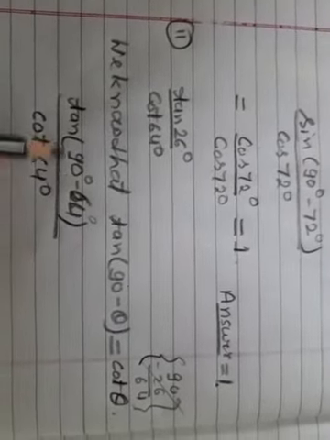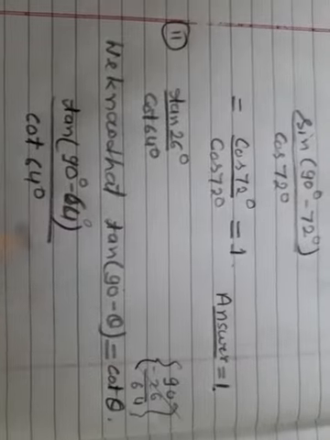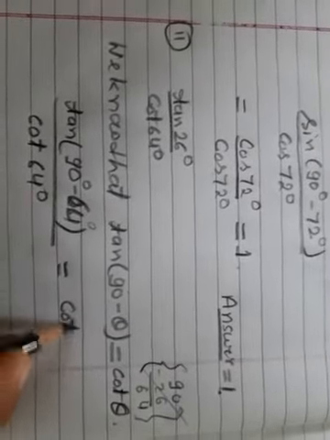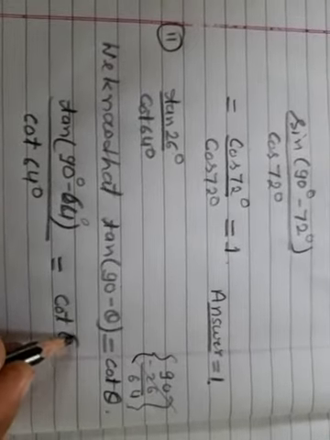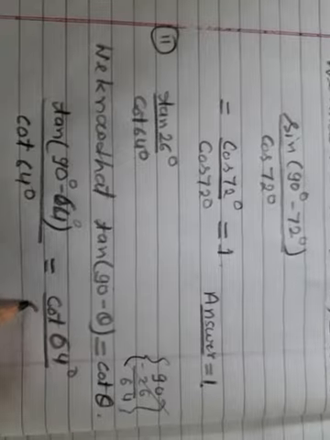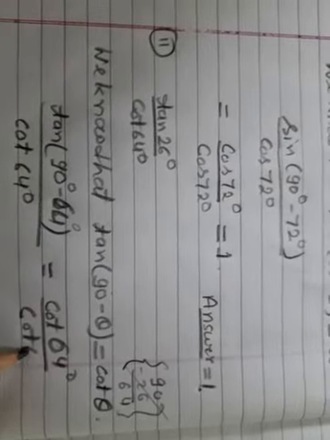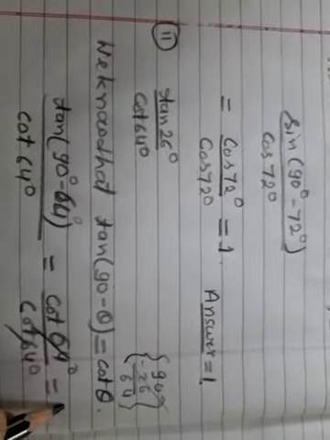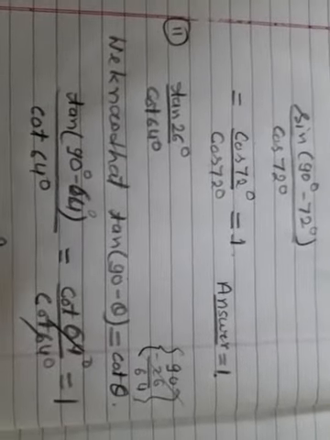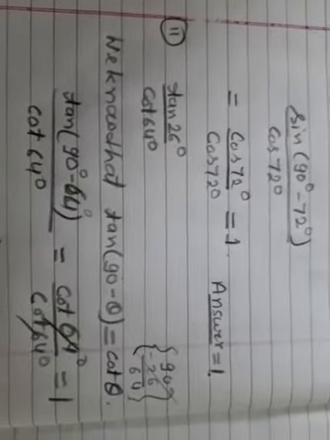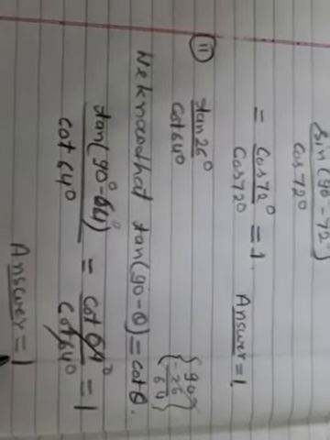Since tan of (90 minus theta) is equal to cot theta, this becomes cot 64 upon cot 64. We find 1. The answer is 1.